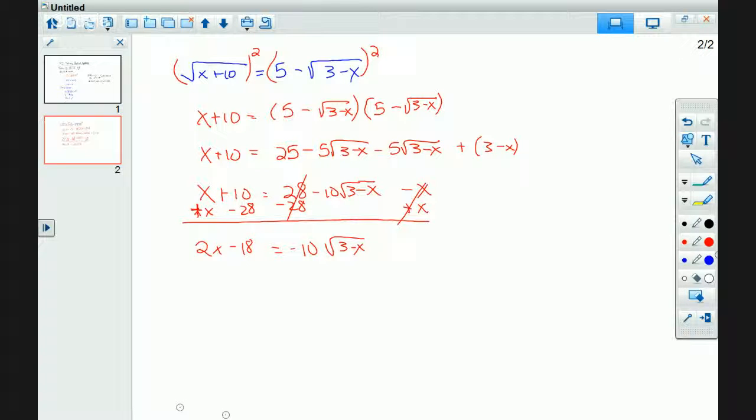These cancel, divided by -10. It creates decimal messes. You can divide by -10 if you want. Fair game. But you don't have to. Okay. I can go ahead and do this.